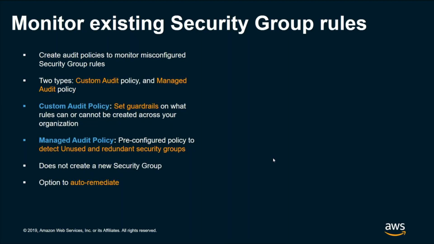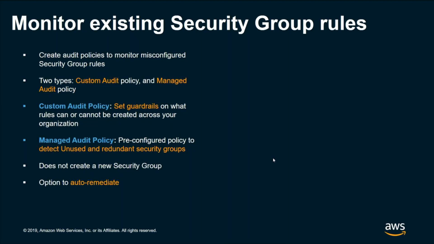For example, today we have pre-configured policies to detect unused security groups or redundant security groups. So you can use this policy type to easily detect any unused security groups in your organization and easily have them removed. Once again, these audit policies do not create new security groups.